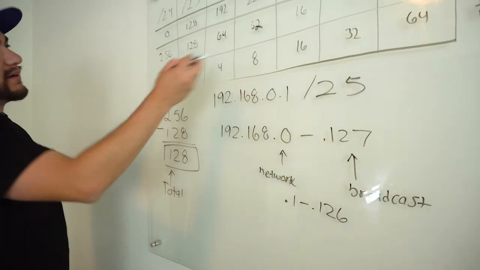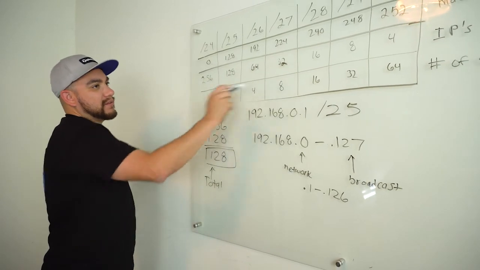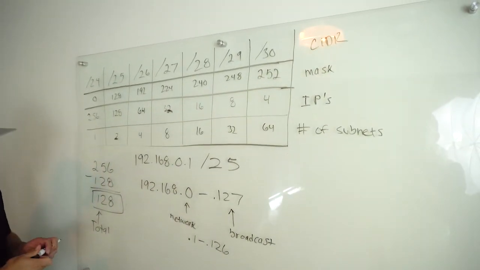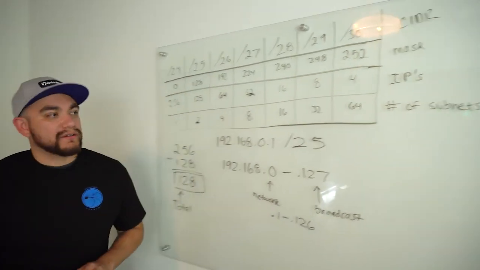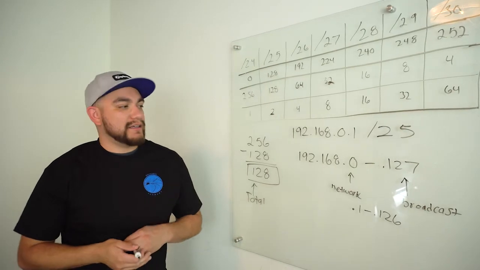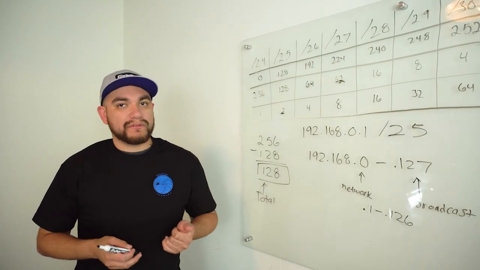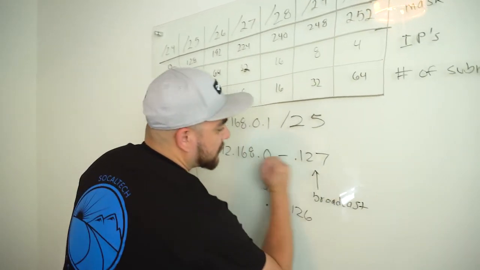So now if you look up towards our chart again, number of subnets, what does that mean? Okay, so remember how I said within /24, if you turn on all the bits, the number will equal 255. Let me explain what that means.